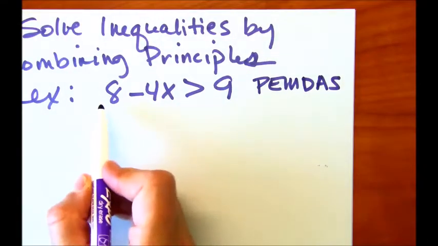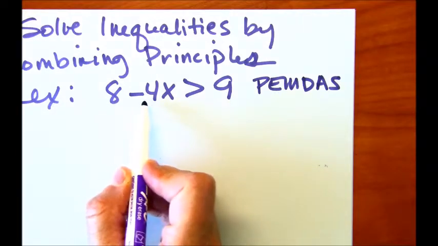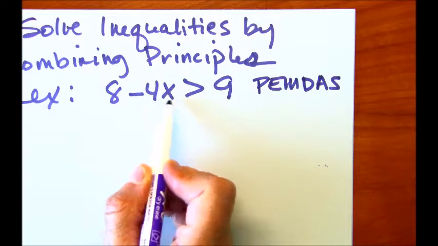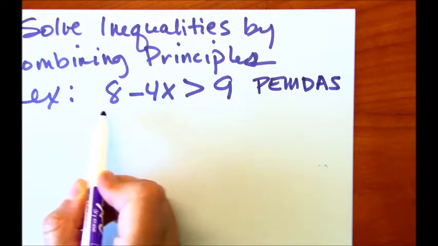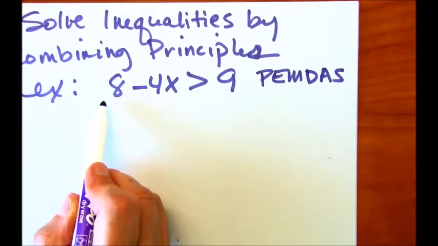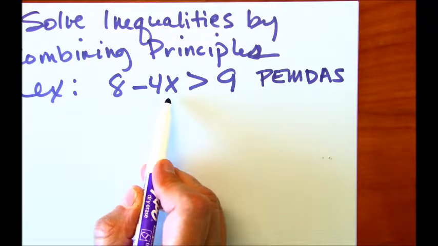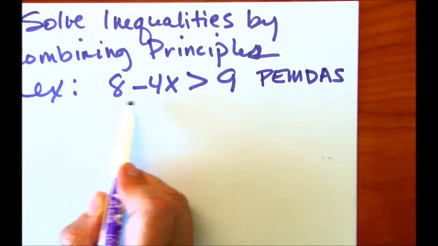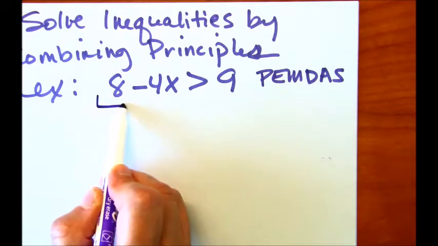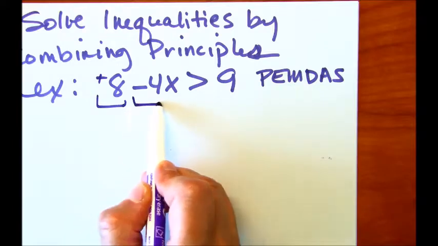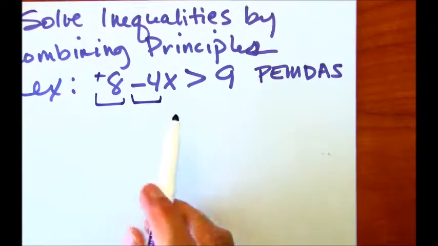What's going on here is you have a number, you're taking away, so that's subtraction, and you're multiplying 4 times the number. And of course this 8 happens to be a positive number here. So if our goal is to isolate this x, we need to get rid of the positive 8, and then also this negative 4.